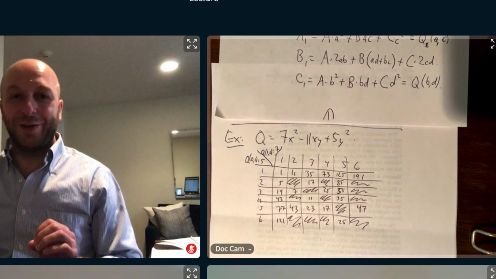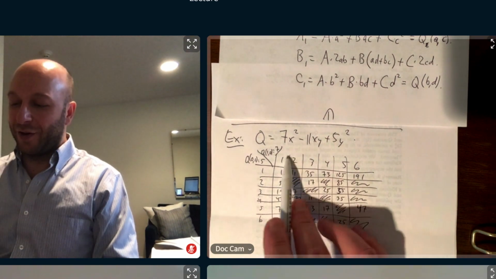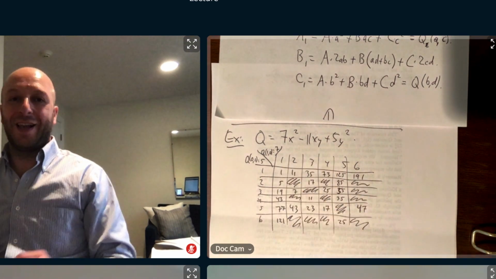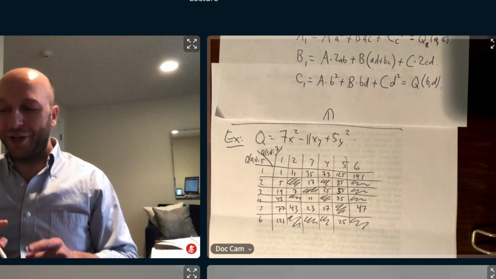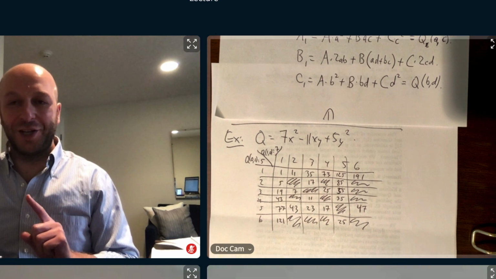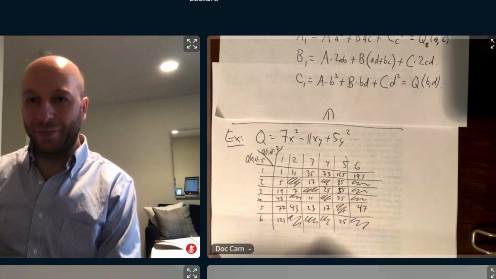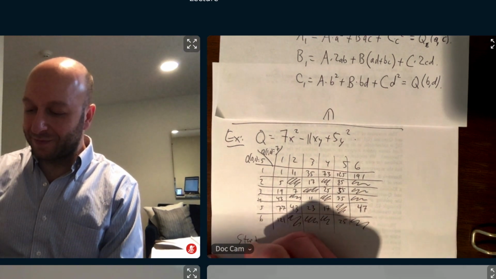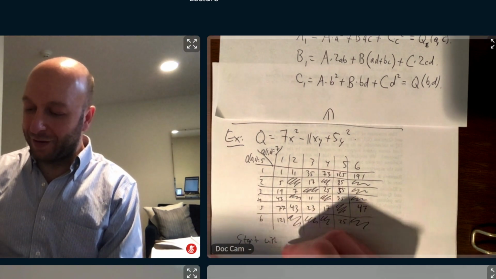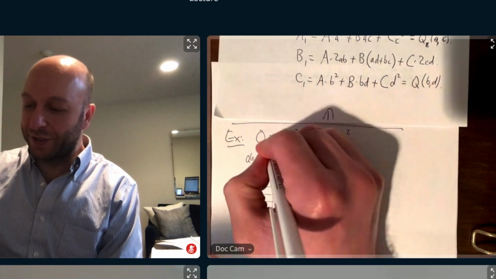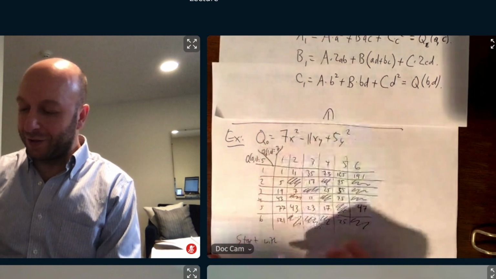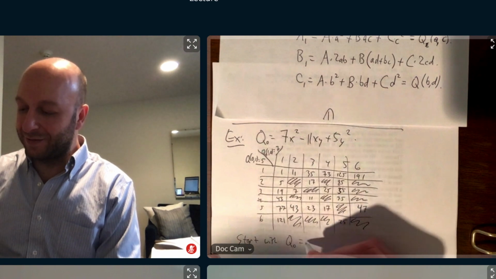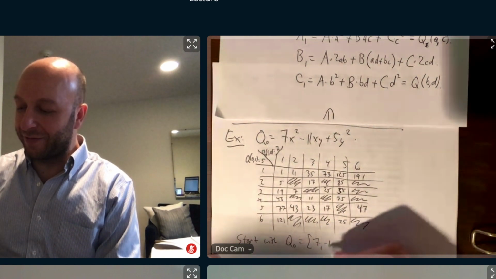So here's what I want to do. I want to understand all of these things as changing the quadratic form and not changing the point. So let's start with, I'm going to call this q0. q0, again, is the form 7, negative 11, 5.